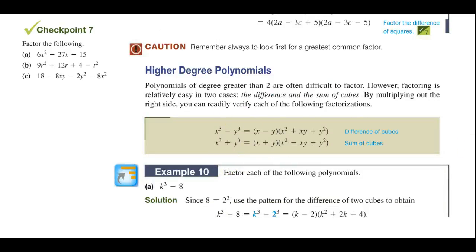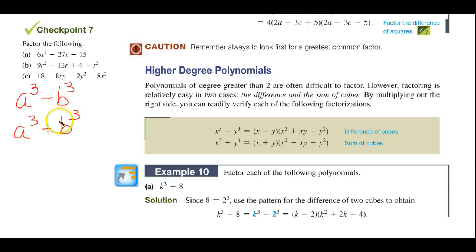Now for our last examples, we're going to take a look at what we call the difference of perfect cubes, and then later the sum of perfect cubes.